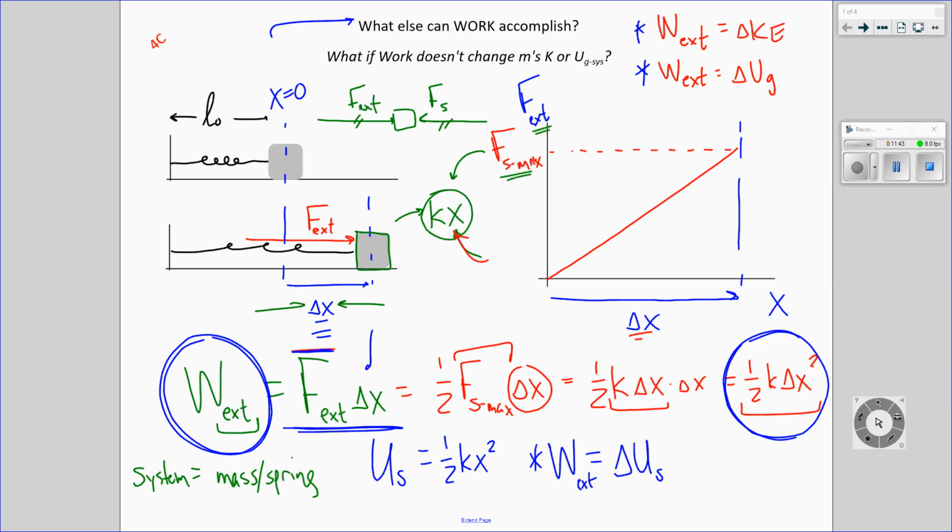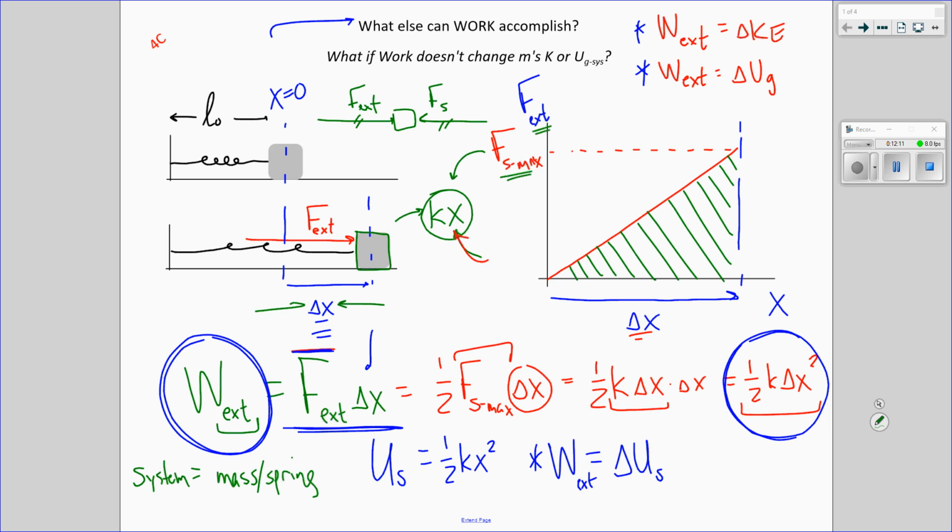What we can do is say, well, this is a graph of F versus X. Work is F times X, so we're multiplying two things together, F and delta X. What we're actually doing, graphically, analytically, is taking an area under that curve. It's not a curve, it's straight. Straight lines are still curves, they're just not curvy. All right, so that area is F times delta X.